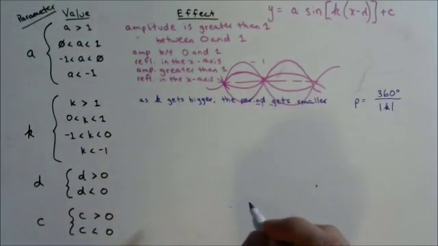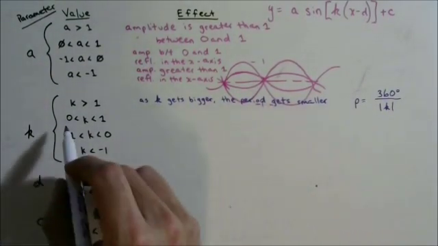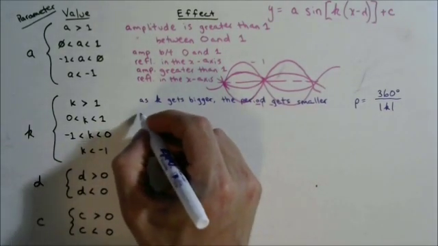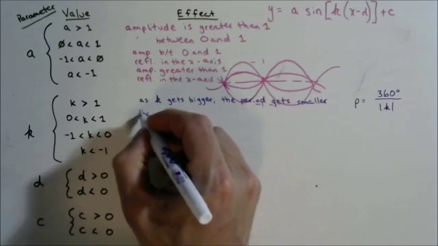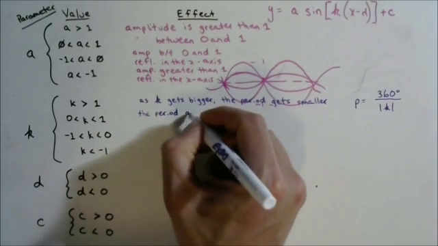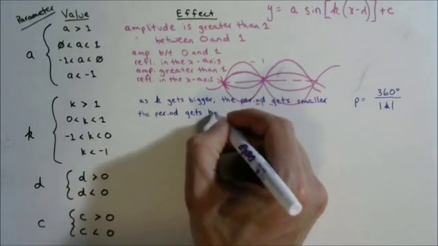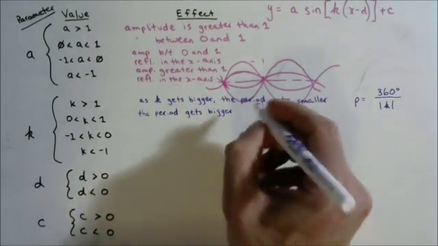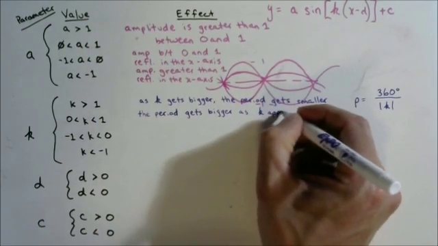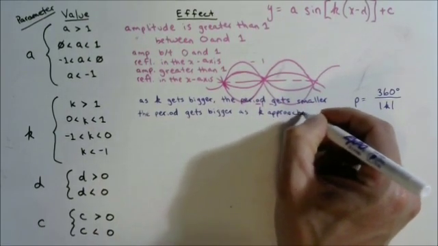What else happens? If K is in between 0 and 1, we can note that the period gets bigger as k approaches 0.